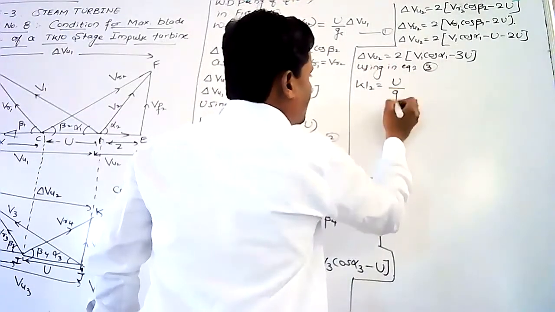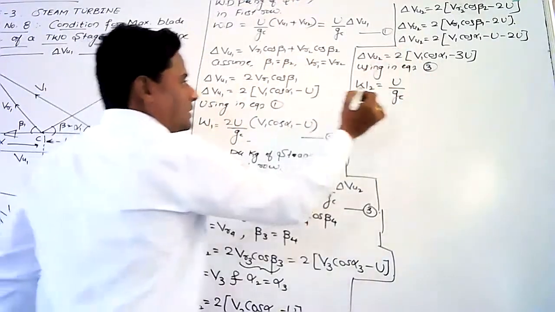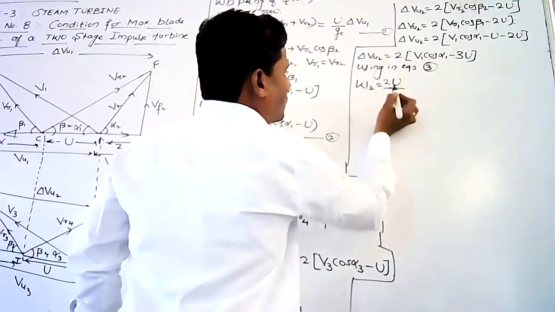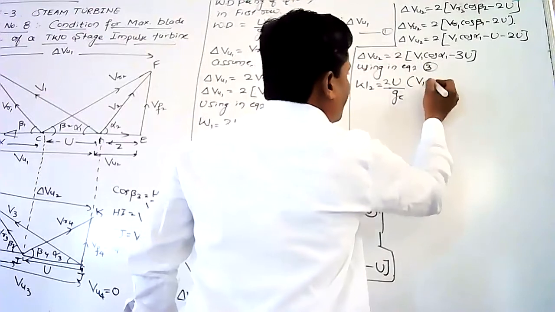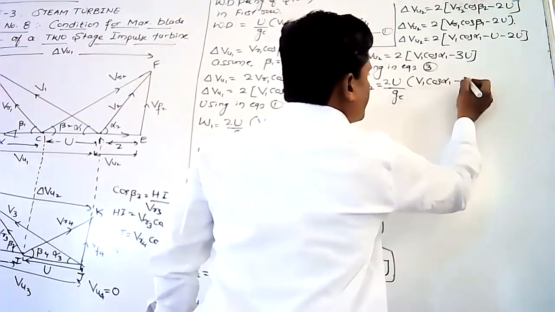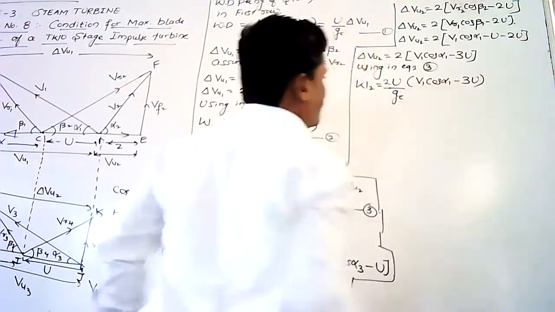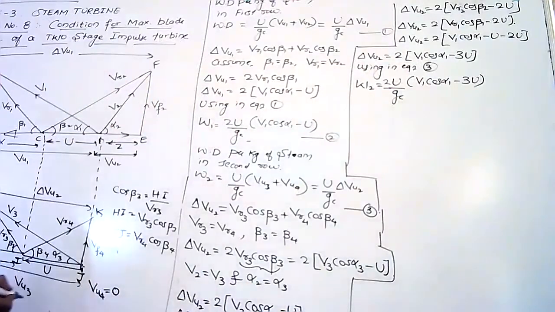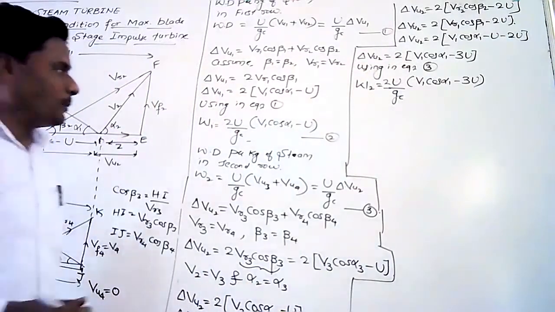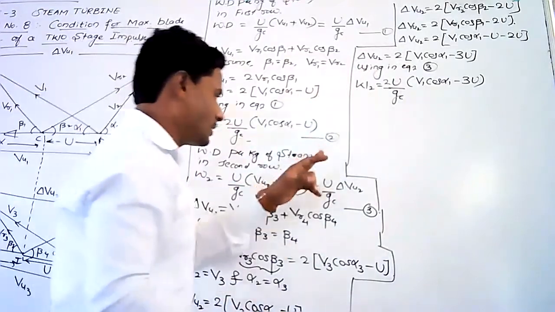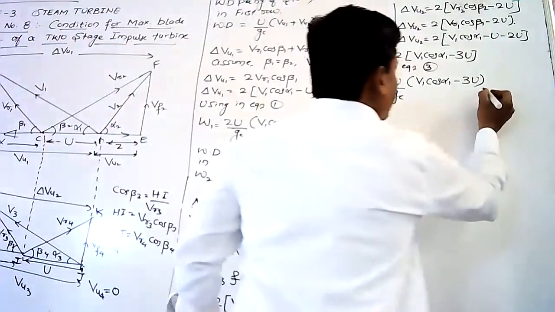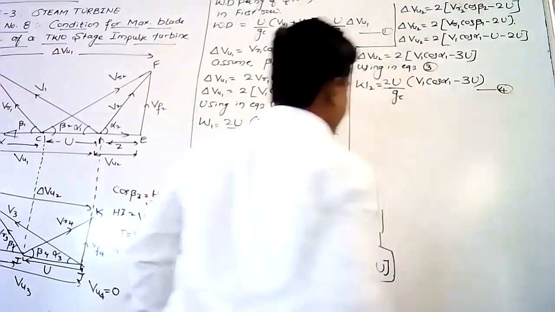So here I have 2 here, so let me write 2U into V1 cos alpha 1 minus 3U as it is. Okay, so if we compare the equations W1 and W2, that is equation number 2, and let me give it as equation number 4 here.